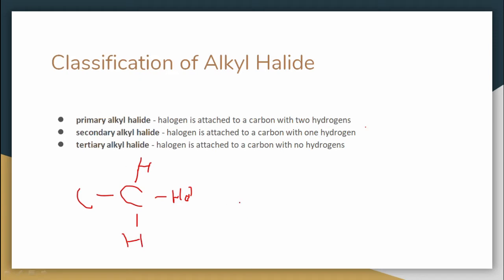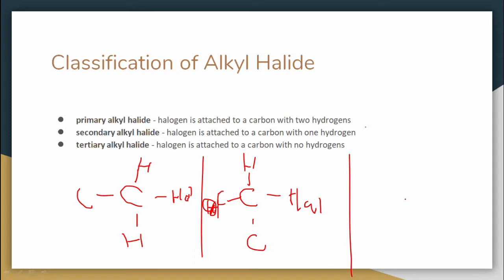These are the primary, and then the other example is the secondary. They connect to one hydrogen, and the other one is carbon, just like the halogen. And the third one is a carbon that connects to no hydrogen.